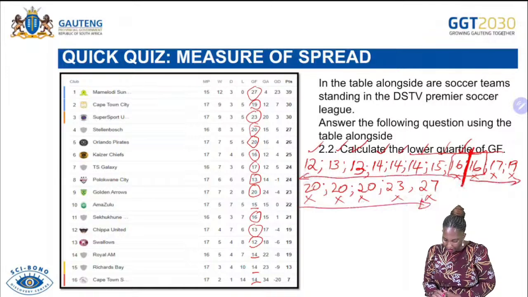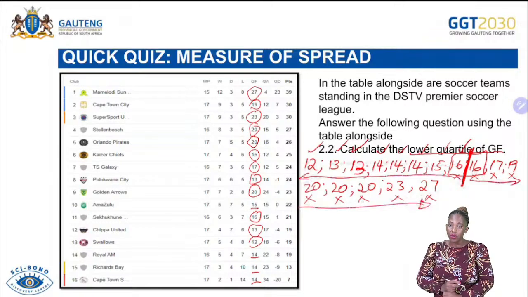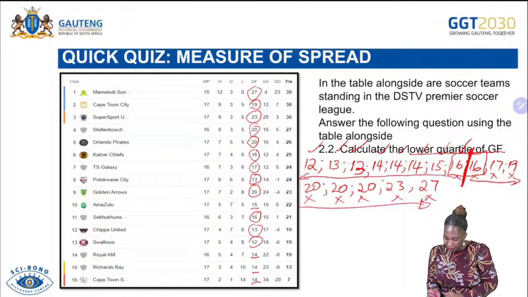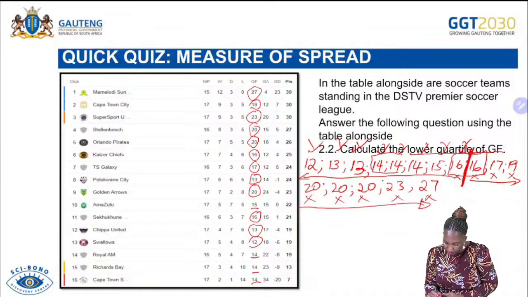Let's quickly verify: 1, 2, 3, 4, 5, 6, 7, 8. Now with these 8 values, I must determine the lower quartile. So my 2 middle values are 1, 2, 3, 4 and 1, 2, 3, 4.